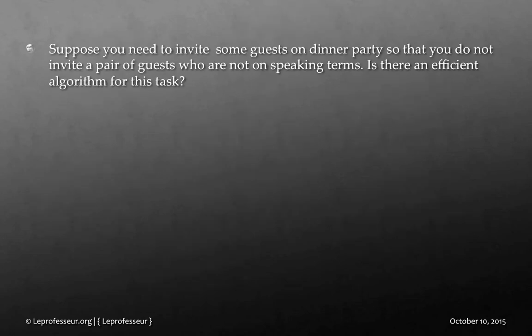So for example, think about a problem. Think that you need to invite some guests to your home. Those may be your friends, and you are such a nice guy that you have friendship with different groups of people, and it is possible that you are a friend of two different people who are enemies of each other, right?